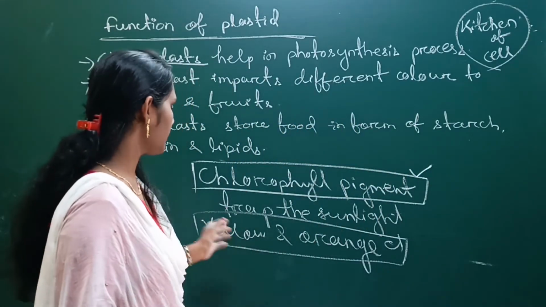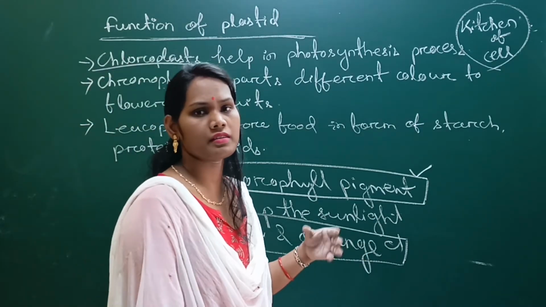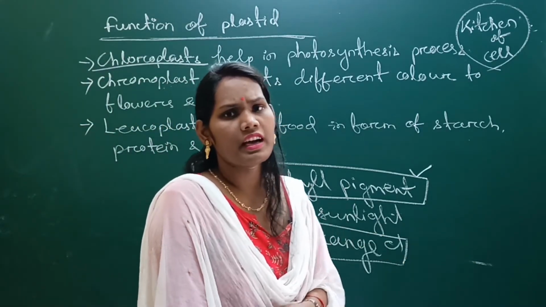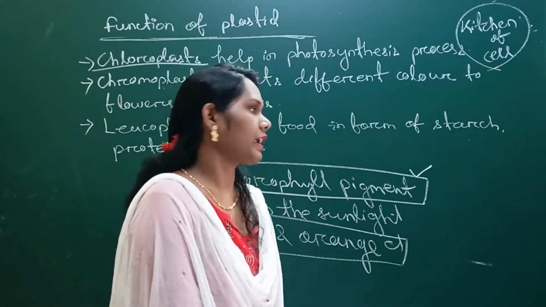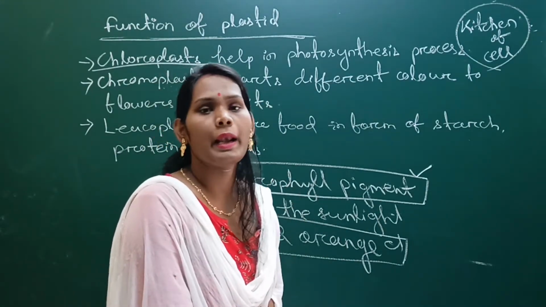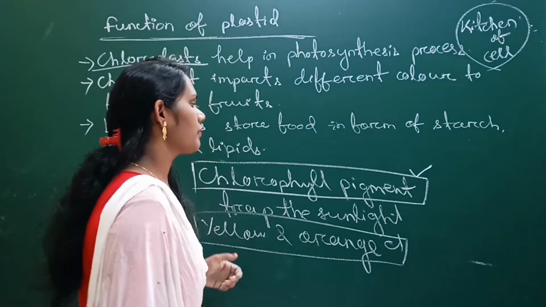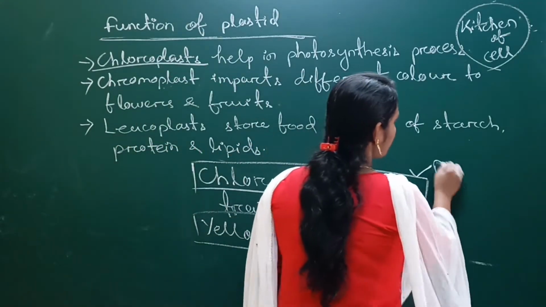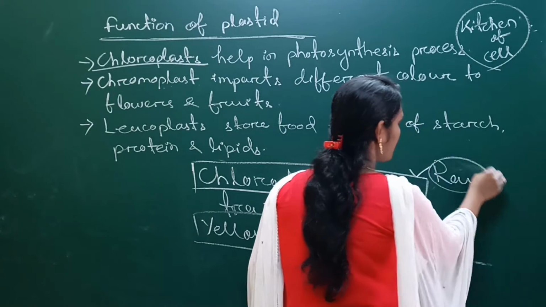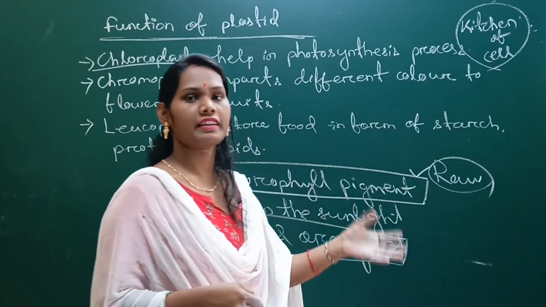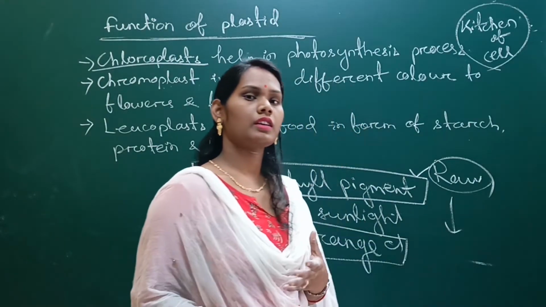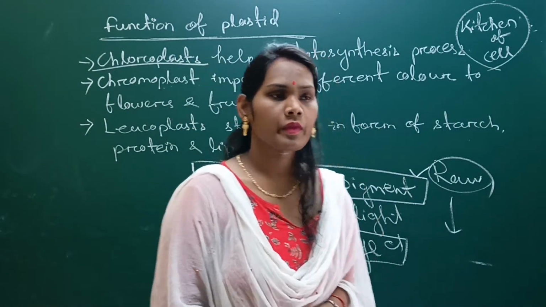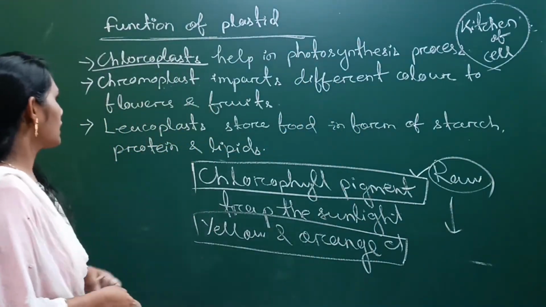Okay, in chloroplast, yellow and orange pigments are present to some extent, but they are masked by large quantities of chlorophyll pigment. That's why fruits and vegetables in the raw condition, the raw fruits and raw vegetables, are green in color, but after ripening they convert into orange, red or yellow color.